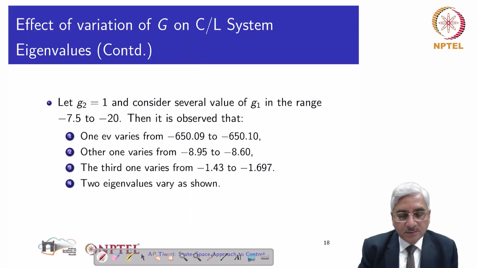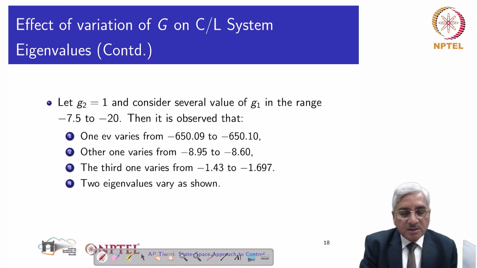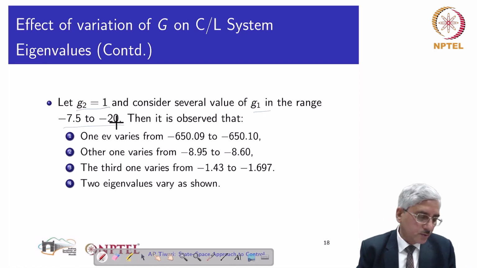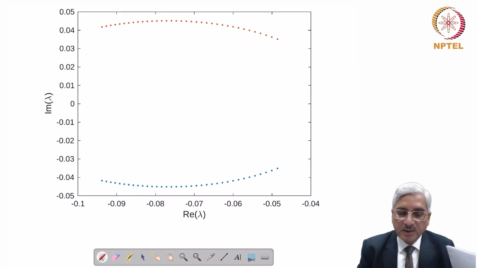Now we investigate G2 equal to 1 and G1 between minus 7.5 and minus 20, and we see that this one undergoes a small change. There is another eigenvalue showing a small change, another one showing a small range of change, and two behaving in this manner.